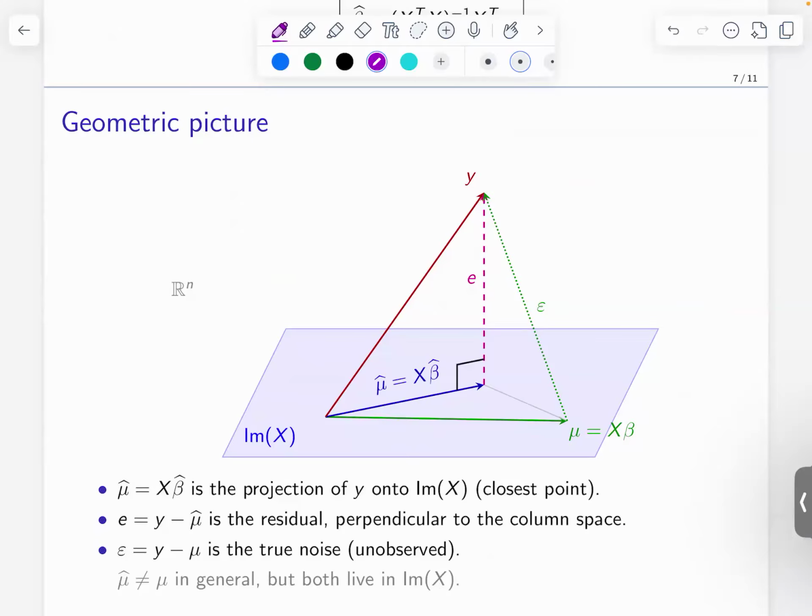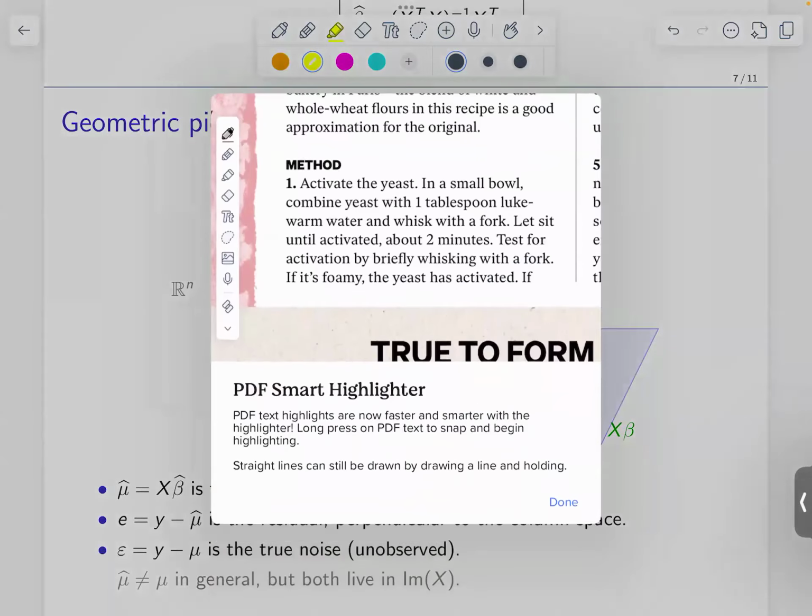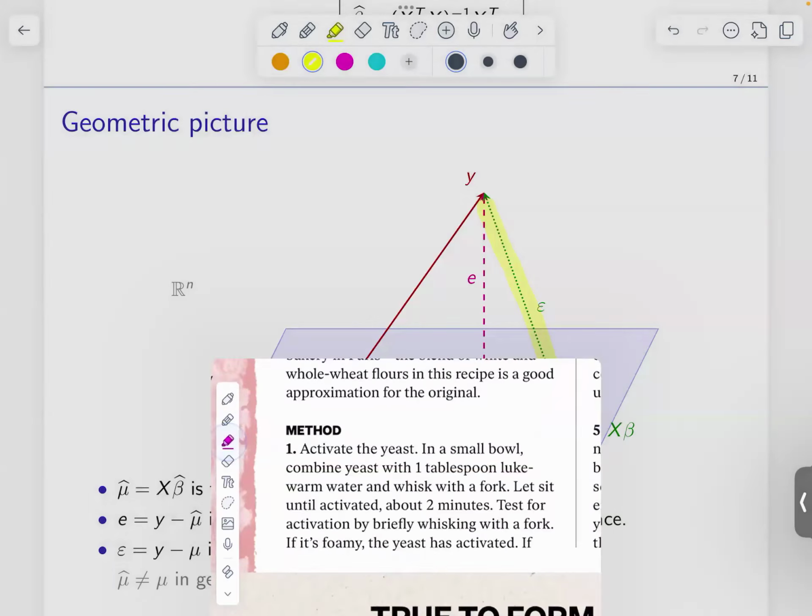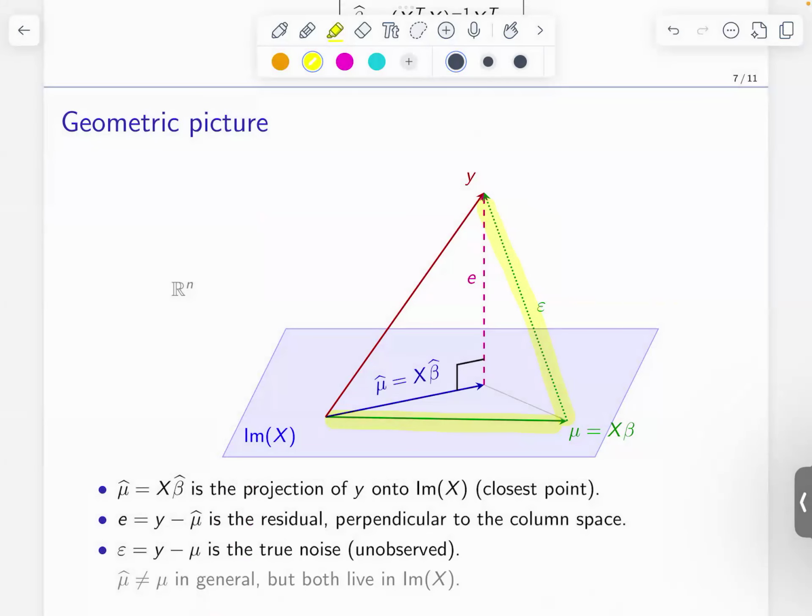So here's the picture. We have y, which is the sum of these two components. I have a mu, which is X beta for a true beta, and because it's of the form X beta, it lies in the image of X. And there's this noise, which is epsilon. So mu plus epsilon gives me y. Neither mu nor epsilon are observed.